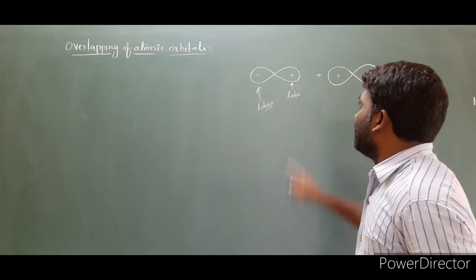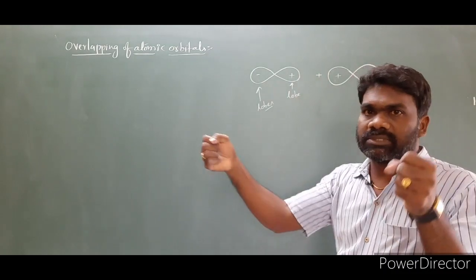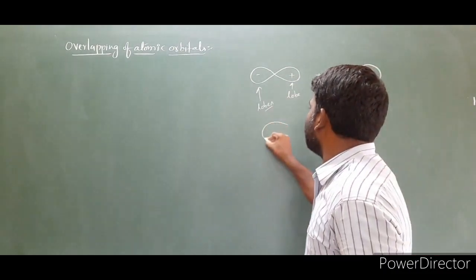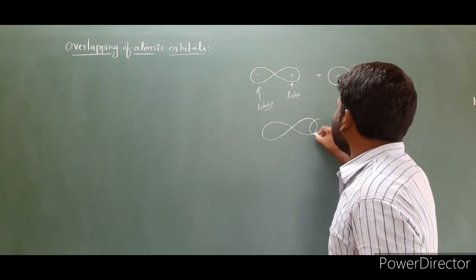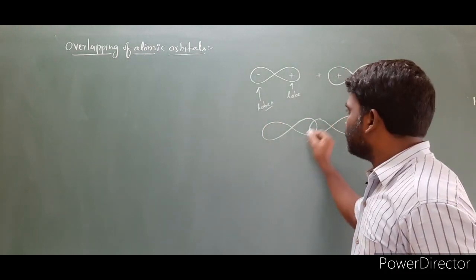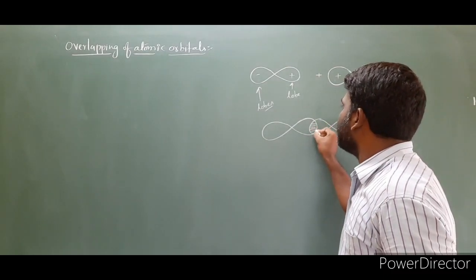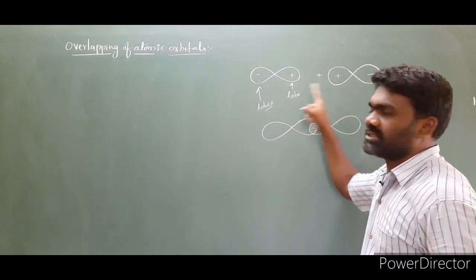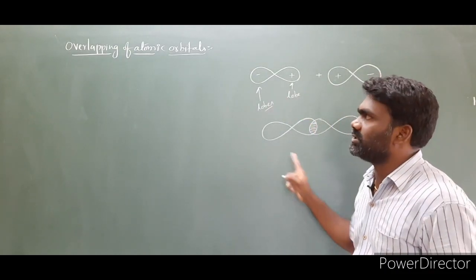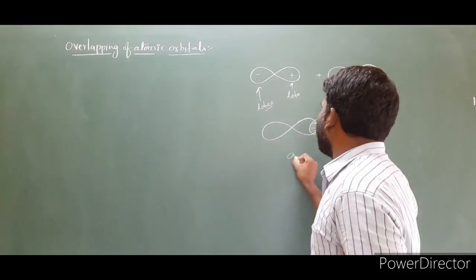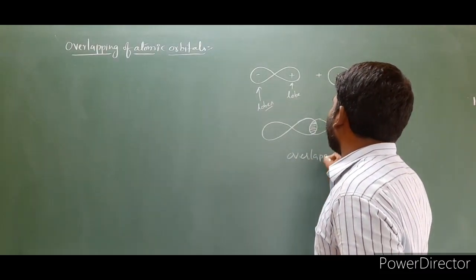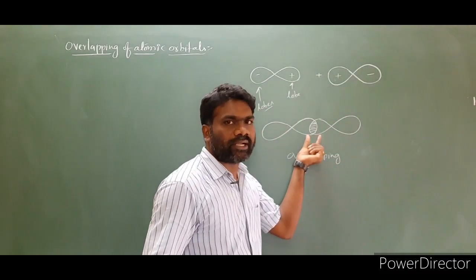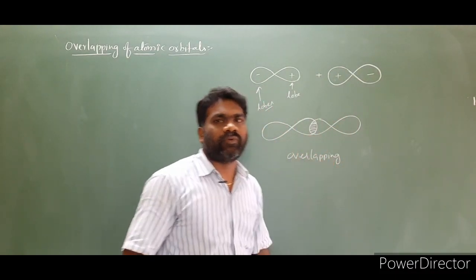Now, when two atoms come close to each other, these orbitals merge partially. This region is the merged region. This partial merging of atomic orbitals is called overlapping.